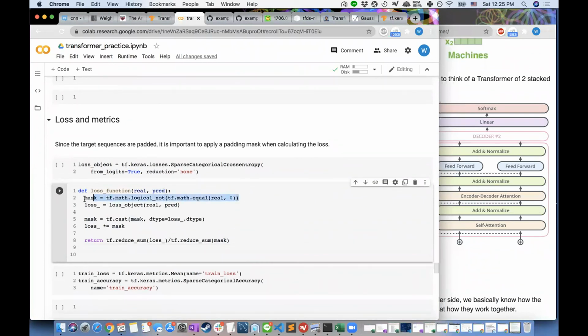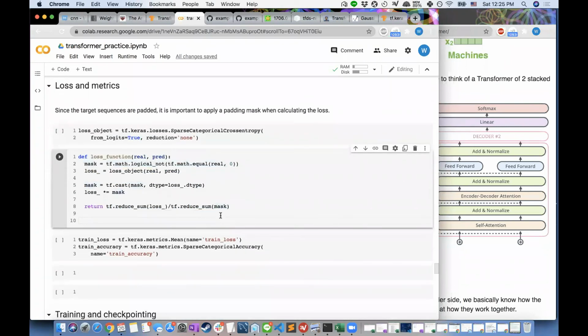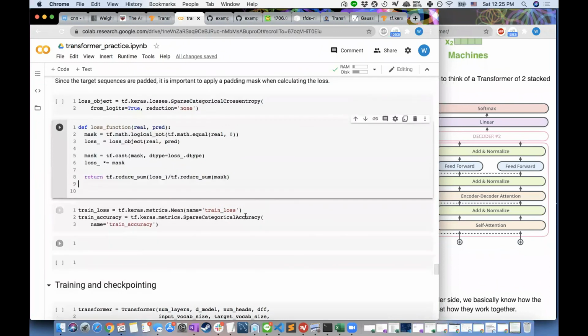I don't know why we still need a mask here. Does anyone understand why we need a mask here? This is interesting. Someone? Does anyone know why we need a mask?